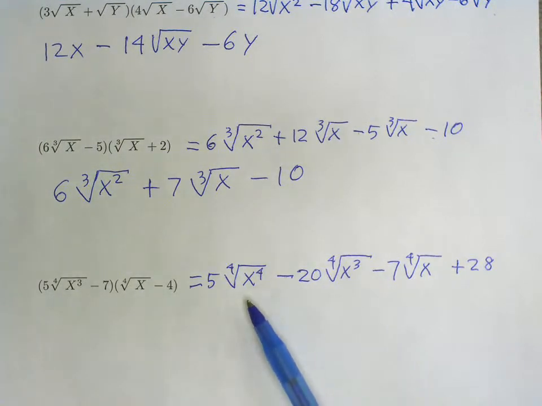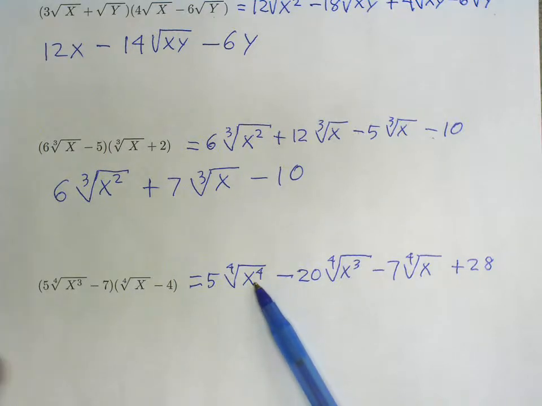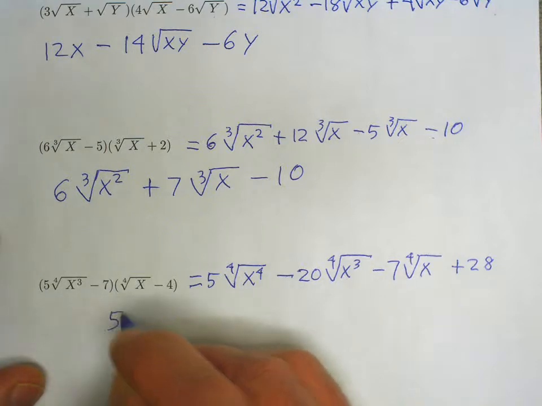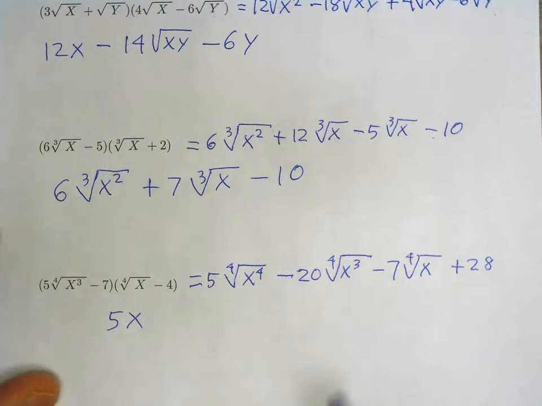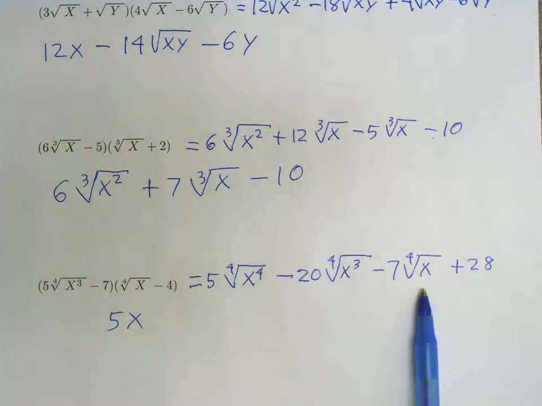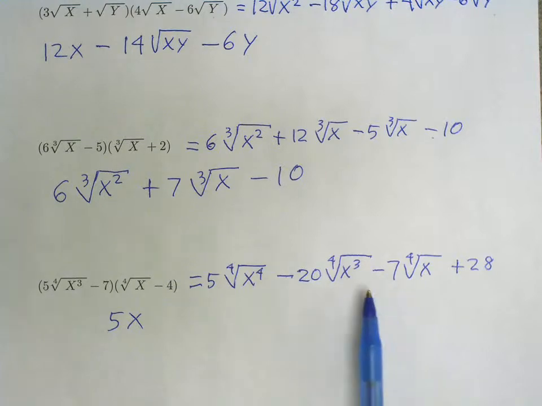Okay, there is one more thing that can be simplified. The 4th root of x to the 4th is just x. So this term on the left is just 5x. And the two middle terms are not like terms, so they cannot be combined.